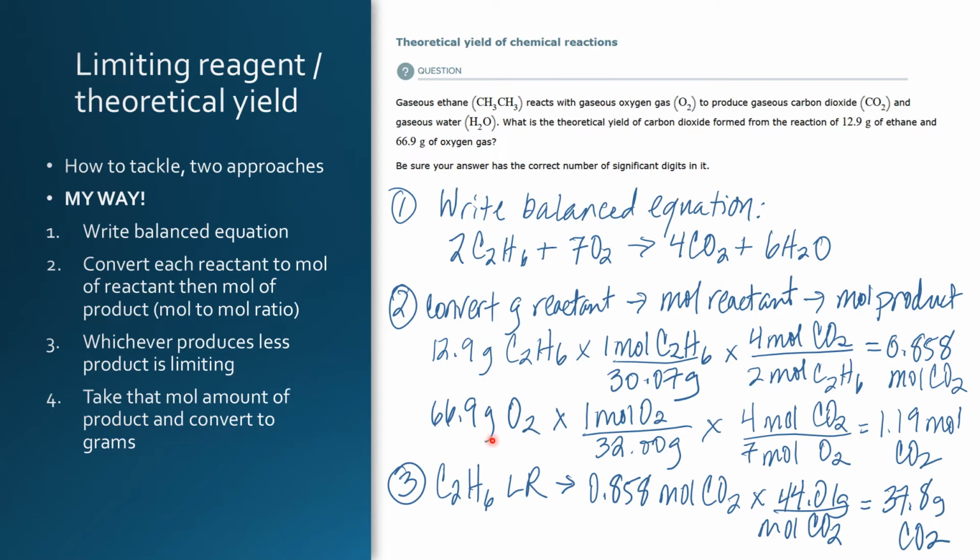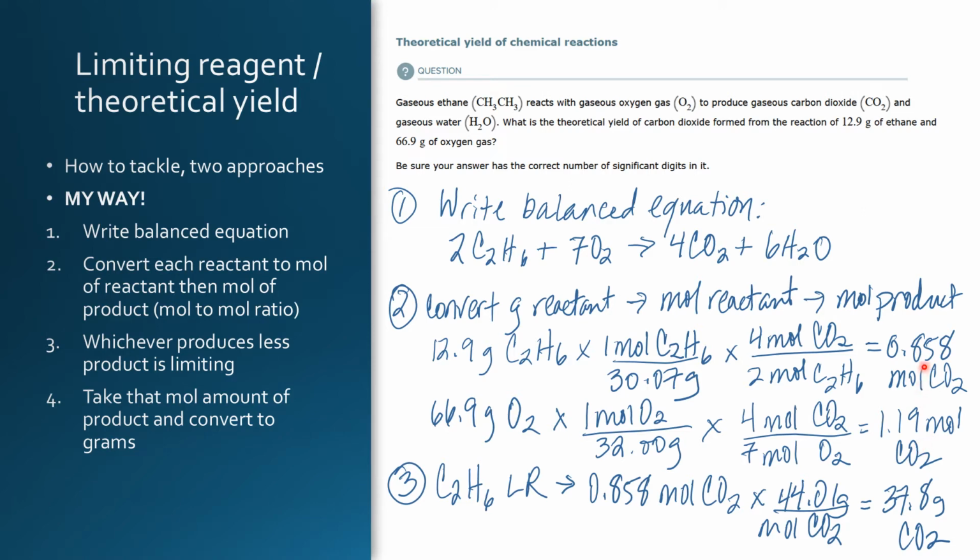We repeat this exercise, importantly, with oxygen. We take our 66.9 grams of oxygen, we divide by the molar mass, this gives us moles of oxygen. Then we use the mole to mole ratio for CO2 to oxygen, which is 4 to 7, and we find out in this case we could potentially produce 1.19 moles of CO2.